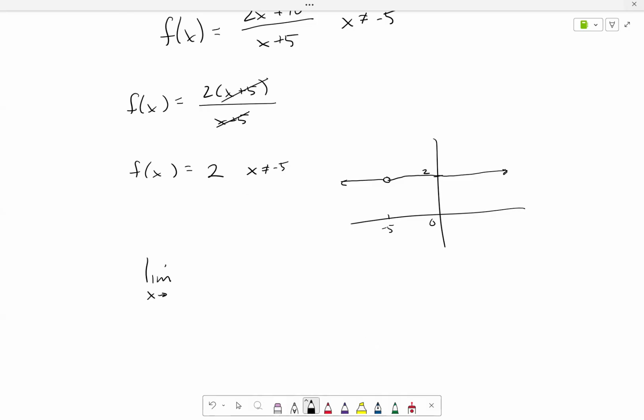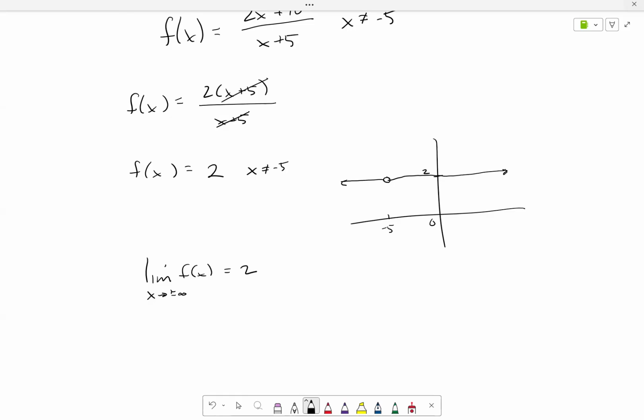End behavior, x going to plus or minus infinity. I think it's the same here, so I'll put them together. For both of these, it's equal to 2, just the same as it would be for a horizontal asymptote. Those y values are going to the same place, they have the same limit.